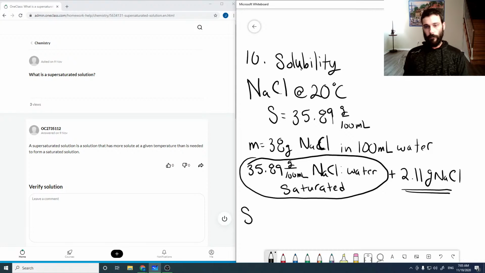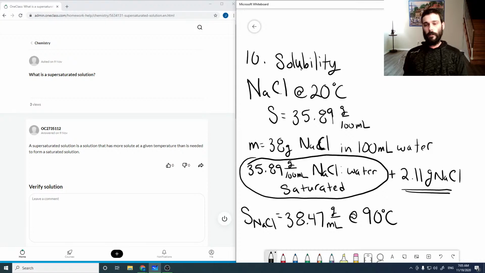Now if we look, then we would find that the solubility for NaCl is 38.47 grams per 100 mil at 90 degrees Celsius.